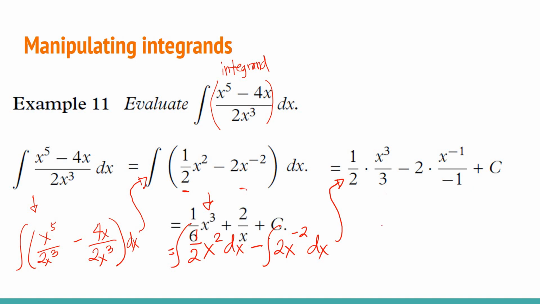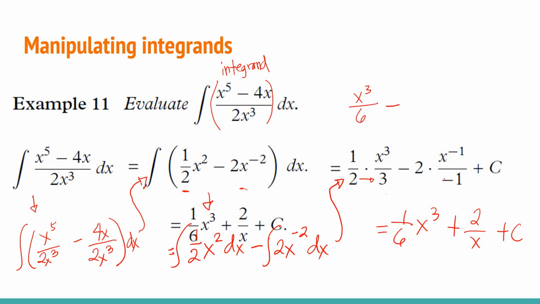So the final answer is, I will copy it because it is hidden by the writings, 1/6 x cubed plus 2 over x plus c. So why does x become the denominator? So this part here, you will multiply 2 to the 3, so it will become x cubed over 6.